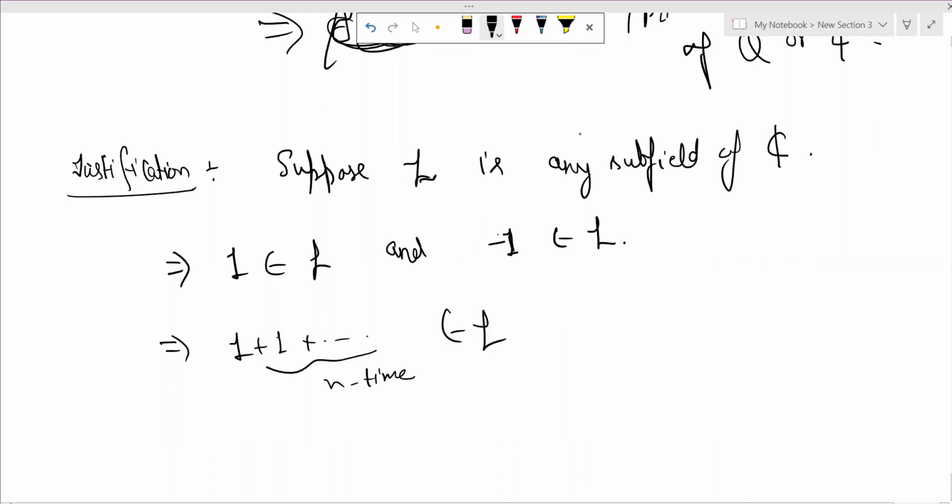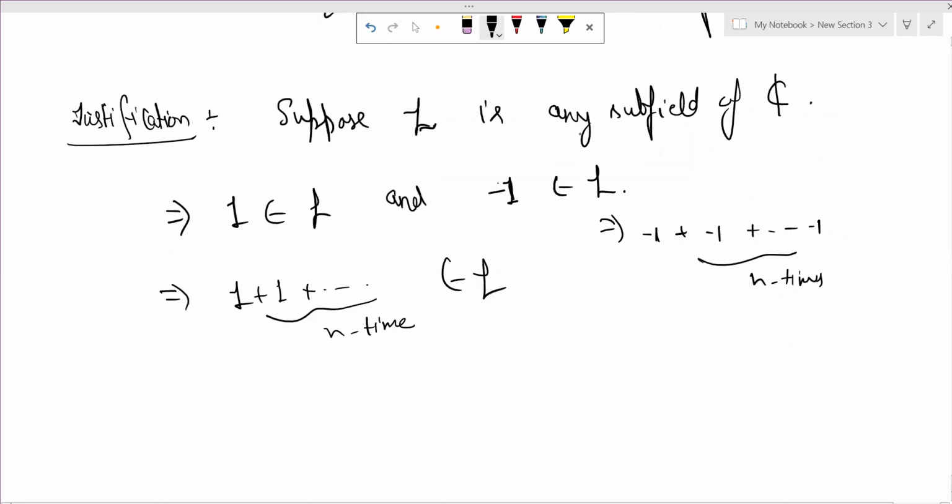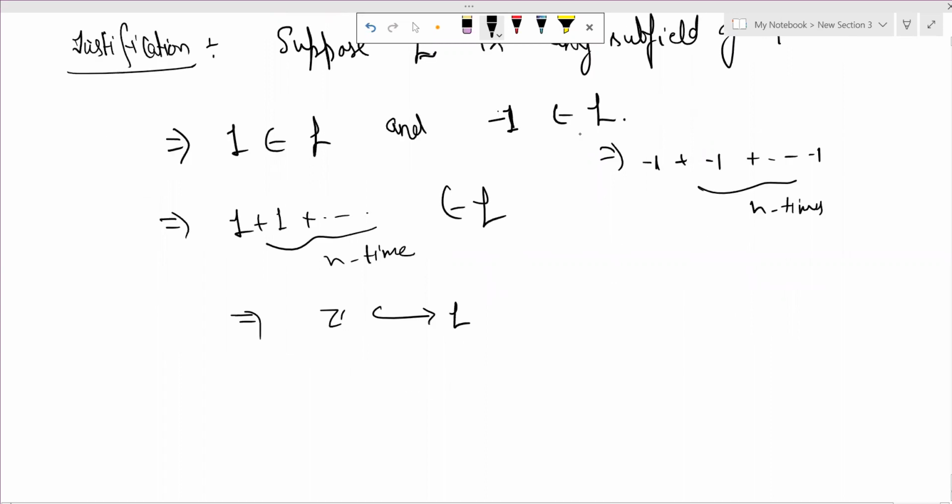Similarly, minus 1 plus minus 1 plus minus 1, n times, should also be there, right? This implies Z should be contained in L, right? Now, if Z is contained in L and L is a field, then every non-zero element of Z should have an inverse in L, right?